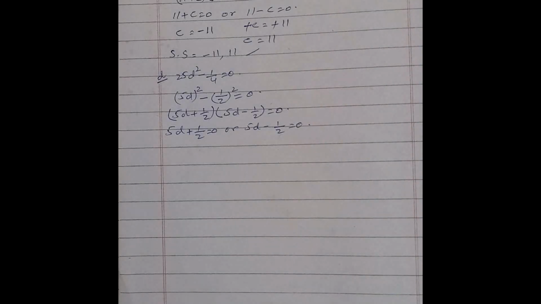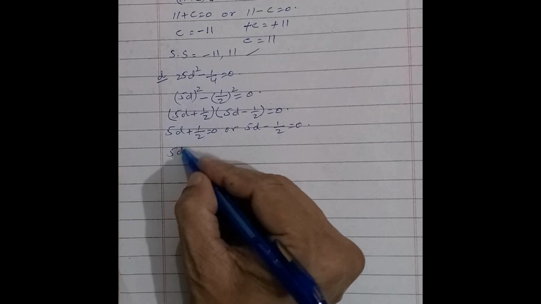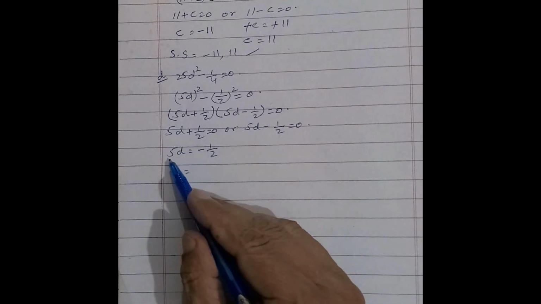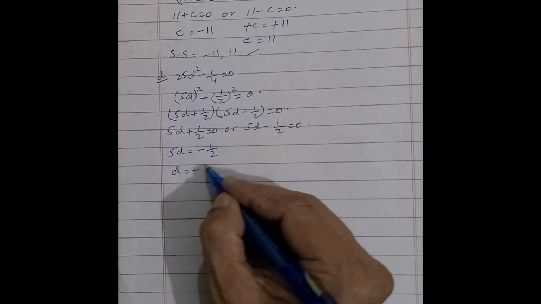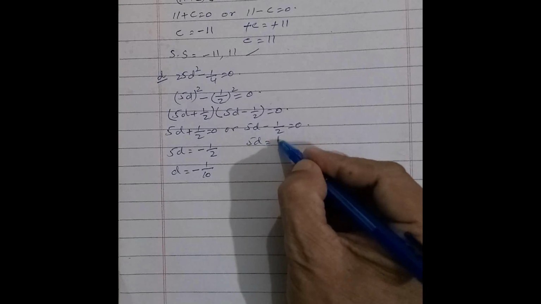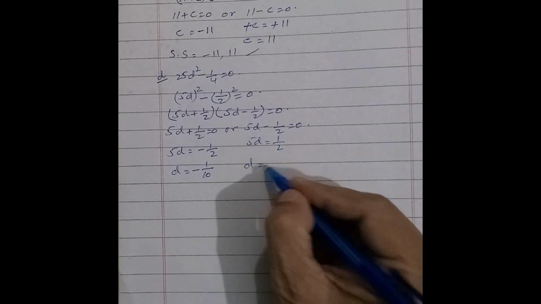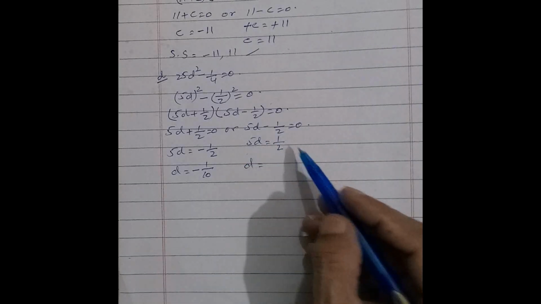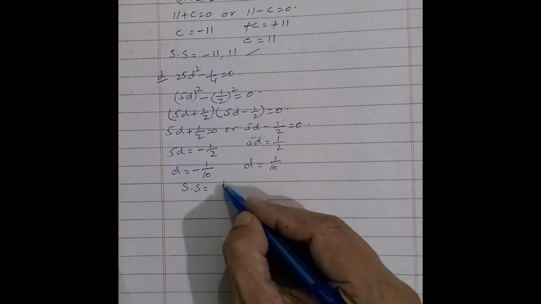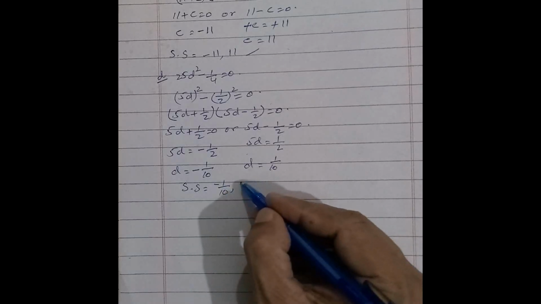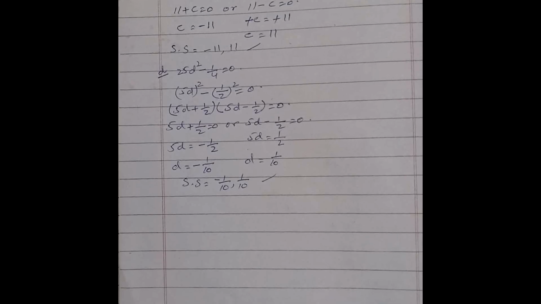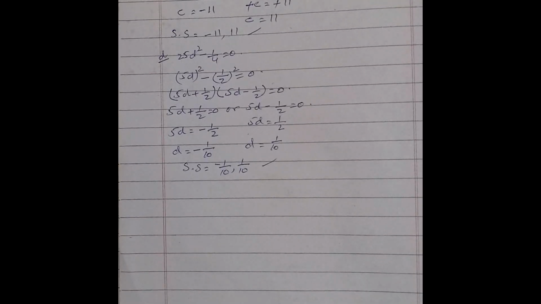Now we find the values of d. 5d is equal to minus 1 over 2, and d is, we divide both sides by 5, we get minus 1 over 10. And the other value is 5d is equal to 1 over 2, and the same, we divide both sides by 5, we get 1 over 10. Hence the solution set is minus 1 over 10 and plus 1 over 10. It is the answer of part D.